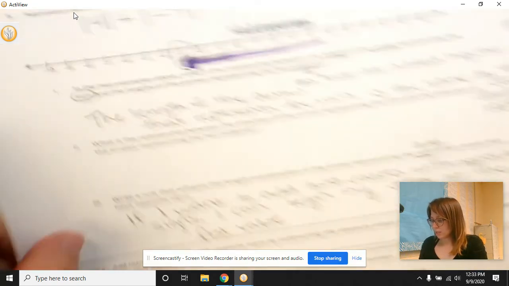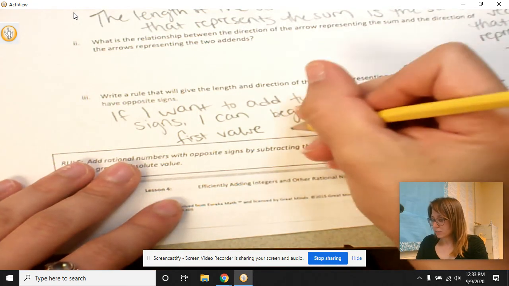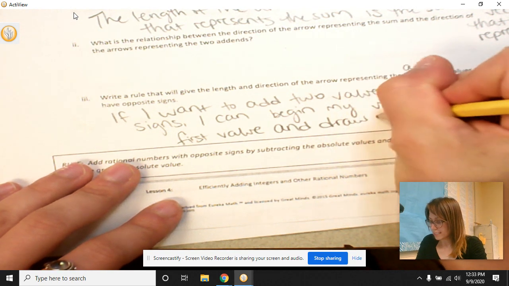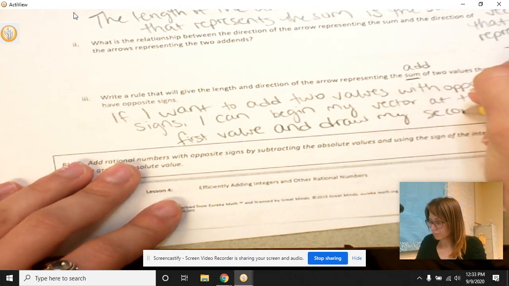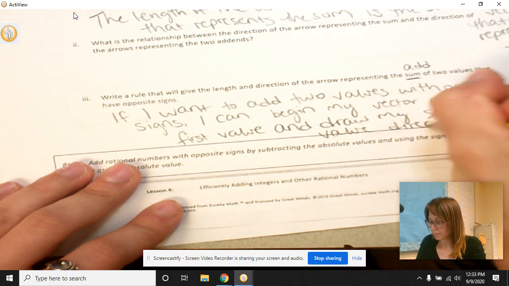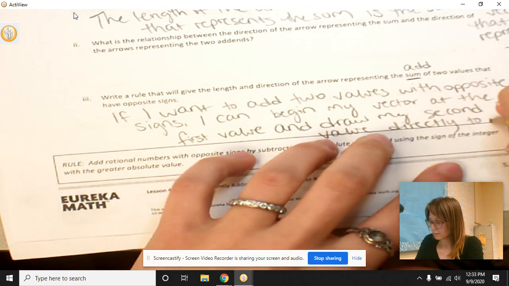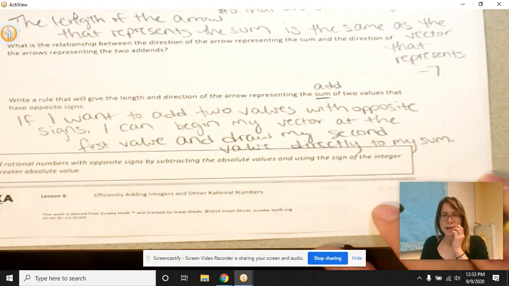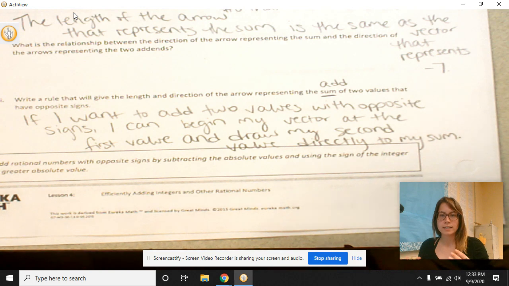Okay, so if I want to add two values with opposite signs, I can begin my vector at the first value and draw my second value directly to my sum.